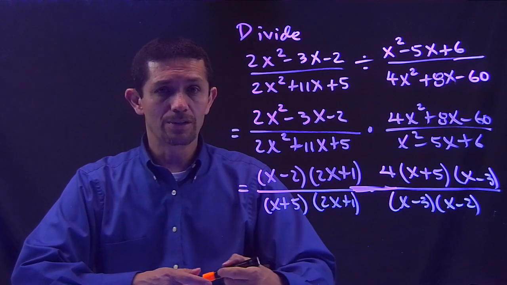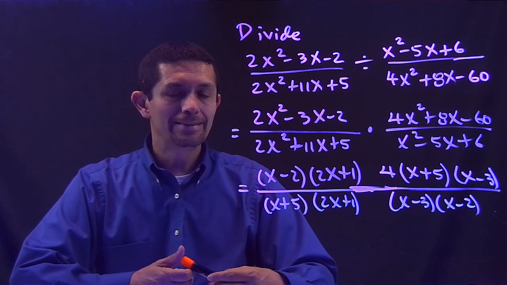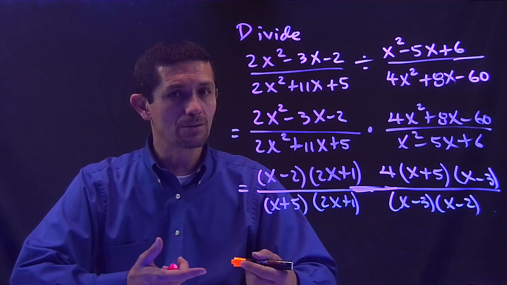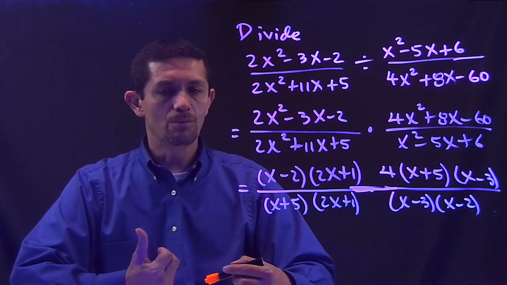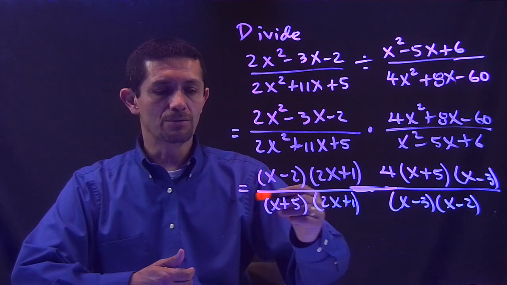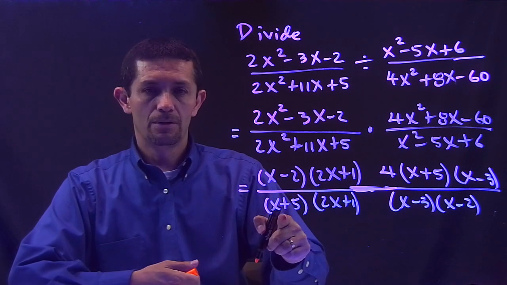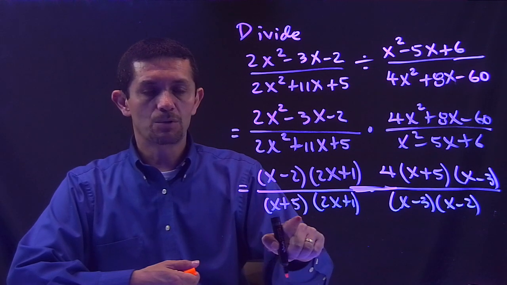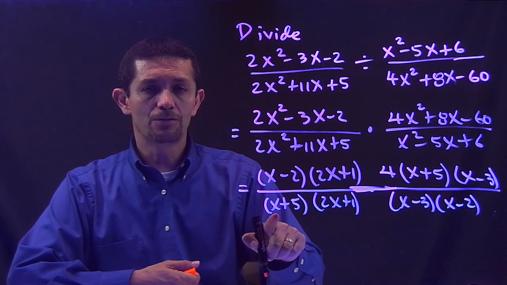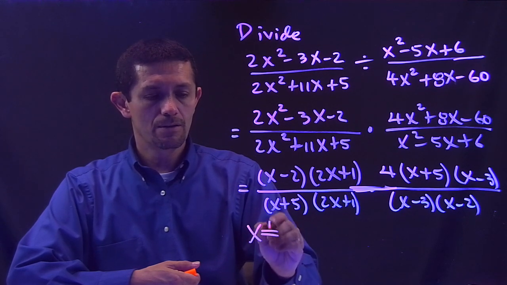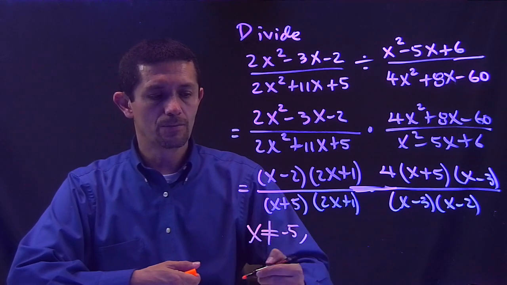Better idea right now: before we start canceling out, let's find the domain of the function, because most likely they will ask you for it. Remember, the restrictions are all the values that make your denominator 0. So here, x plus 5: if x is negative 5, that will make this 0, so x cannot be equal to negative 5.